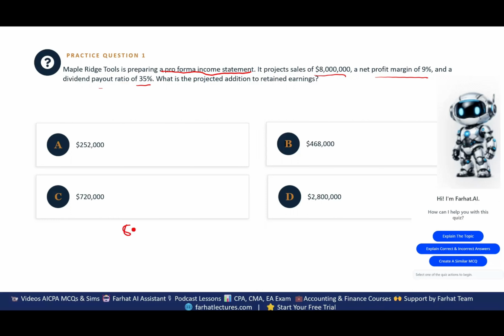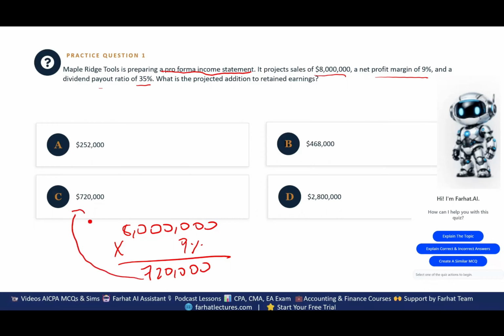If you have sales of 8 million and we are told from the sales we are going to keep 9% in income, it means our net income is 720,000. Notice 720,000 is one of the answers, and they're trying to trick you. Be careful. They want to know what amount is the addition to retained earnings.